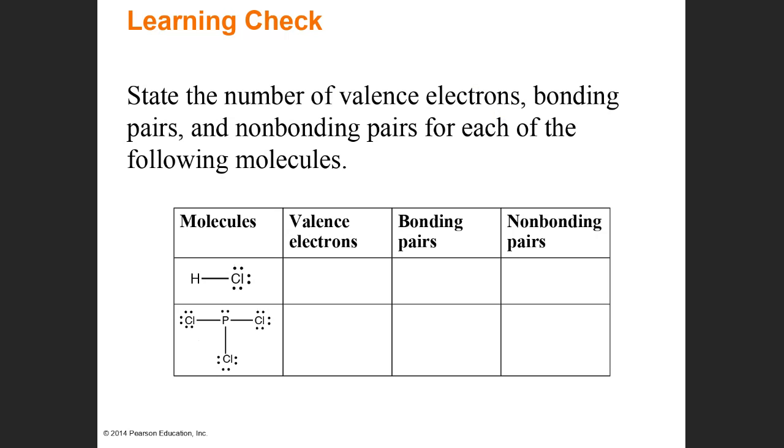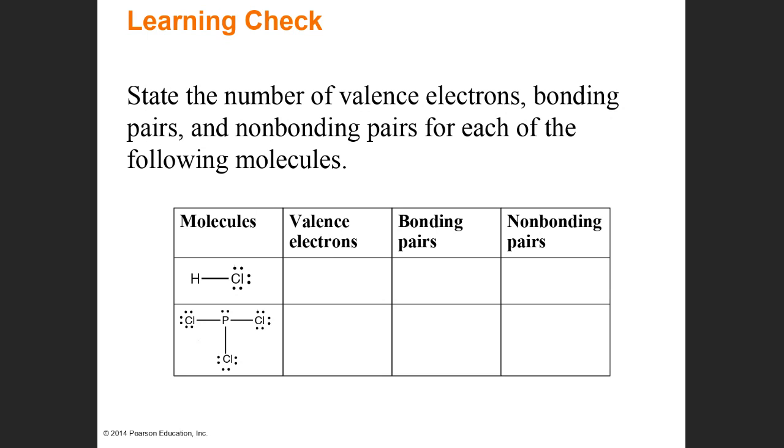Okay, so if I look at this example, now each line represents a pair of electrons being shared. So with this hydrogen chloride molecule, how many electrons do you see being shared?